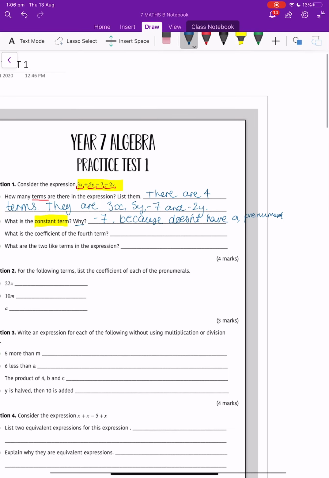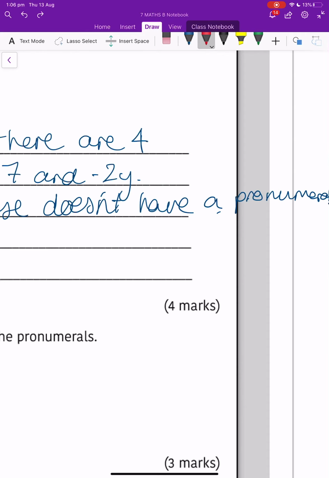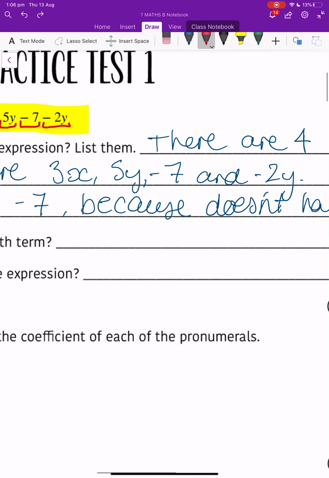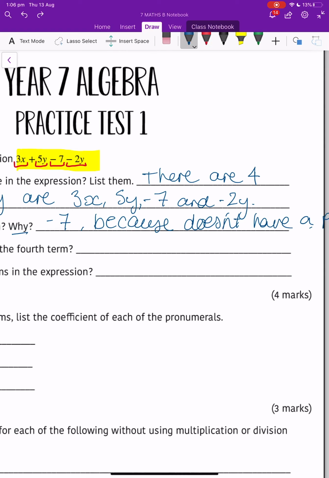Okay, now you would get this answer wrong if you just said to me that the constant is 7. It absolutely must be negative 7 because there's a negative in front of it. If the expression was, let's just say, 3x plus y plus 7, take 2y, then you would just write 7, okay? But this is not the case. It's negative 7, okay?